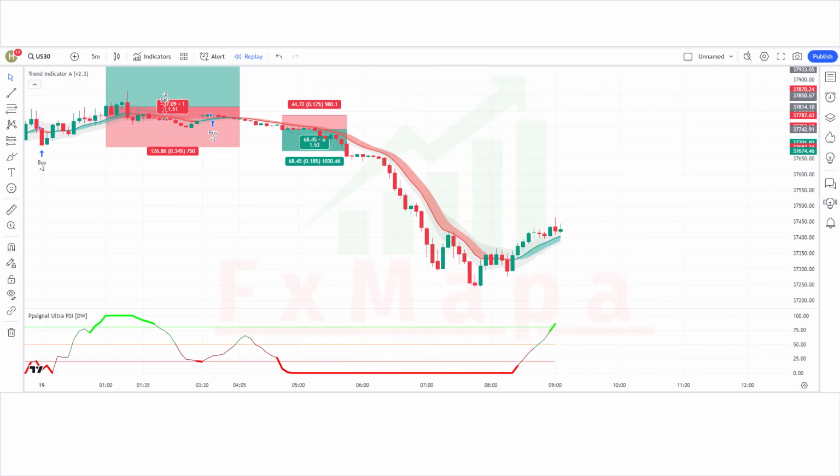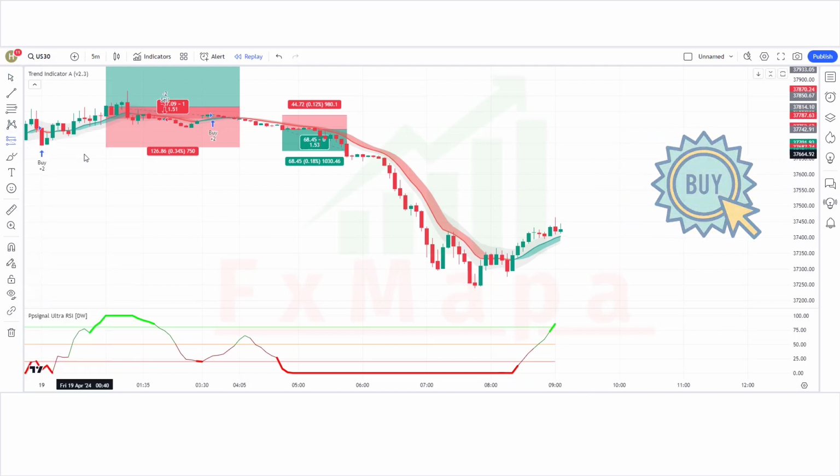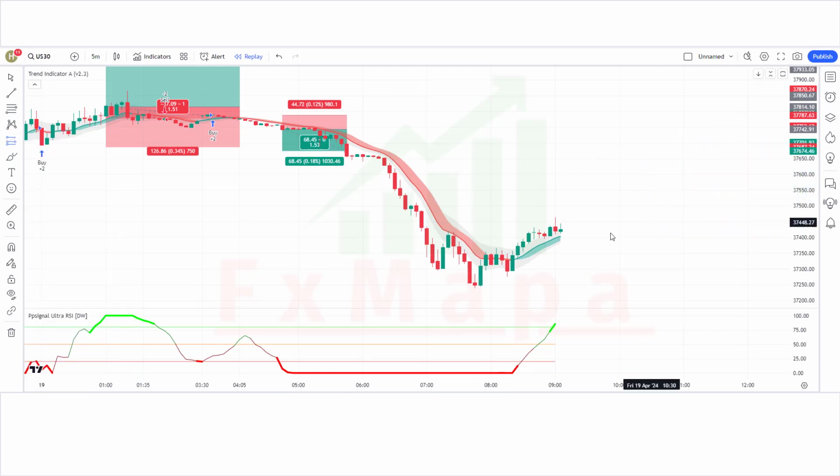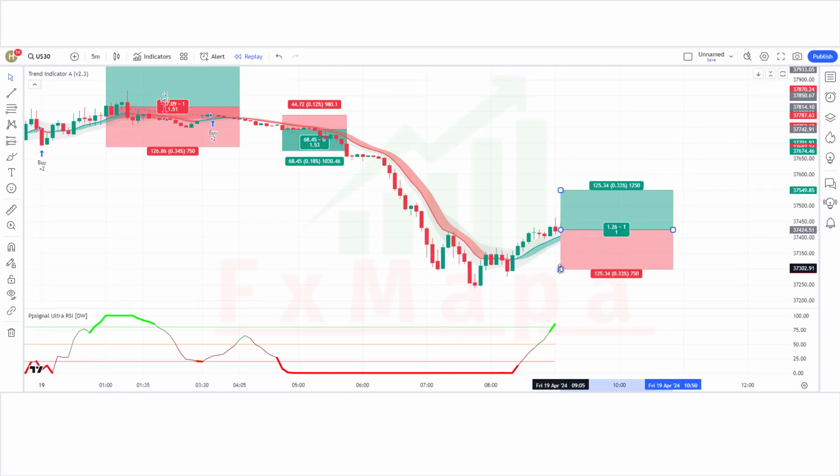We have got the signal. Here the Ultra RSI indicator has given us overbought signals. The market has made a bullish candle to give confirmation. The smooth trend indicator of open close line is uptrend. So all our conditions are being fulfilled, so we are placing an order to buy. Our stop loss will be placed at the previous low of the market.